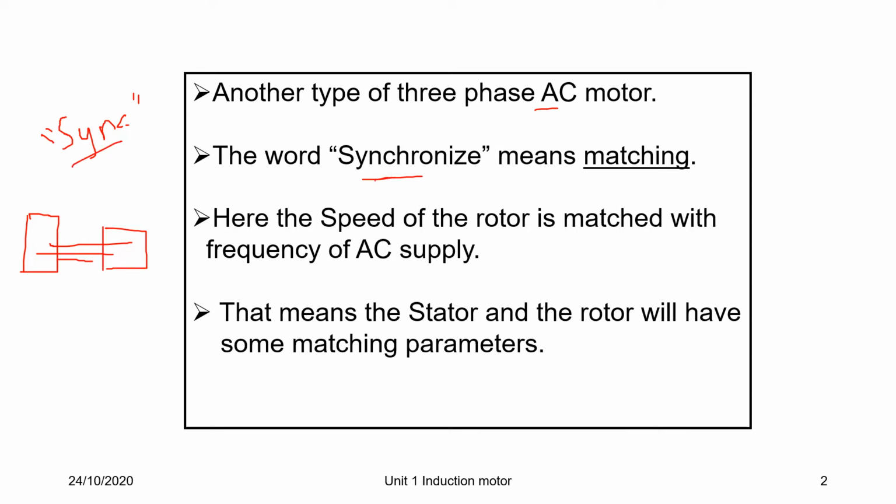Here we have two fields: one is the stator, and the other is the rotor. We are going to match the parameters of the stator, like voltage, frequency, and phase sequence, equally to the rotor.